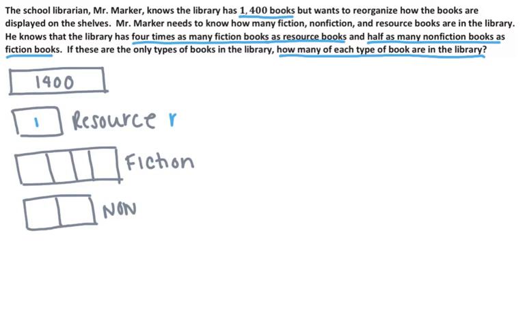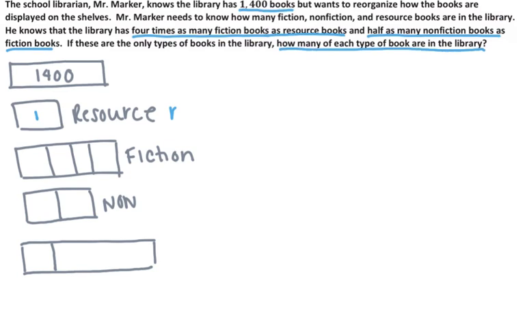But first I'm going to draw a tape diagram, and I'm going to cut the rectangle. First box is going to have R to represent the resource books.